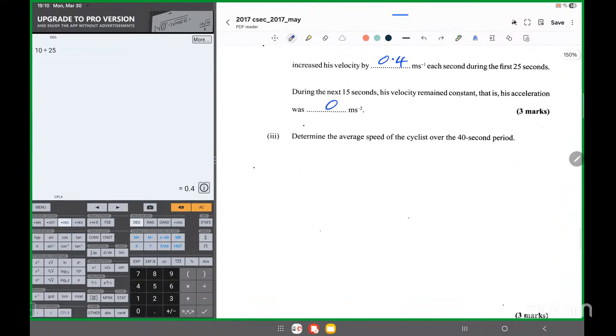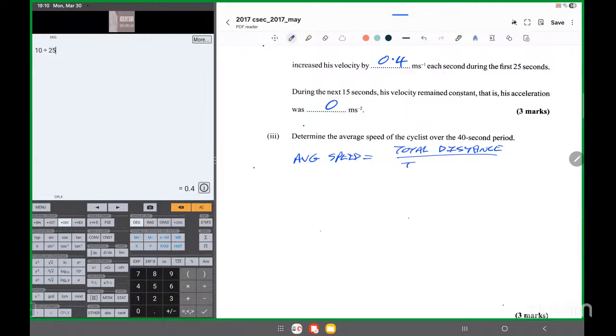So determine the average speed of the cyclist over the 40 seconds. That's total distance over the total time, right? So your average speed equals total distance over total time.